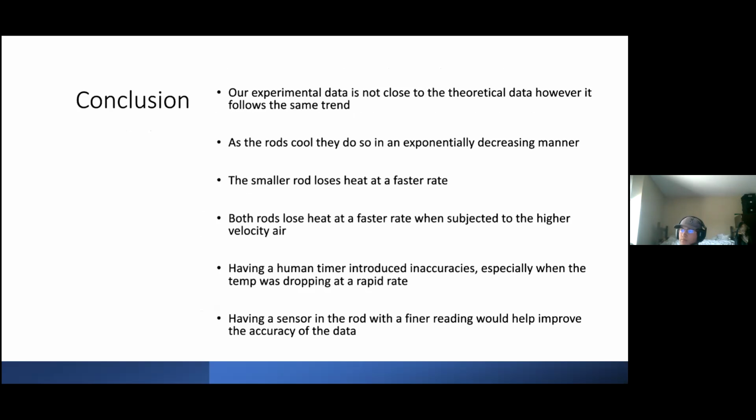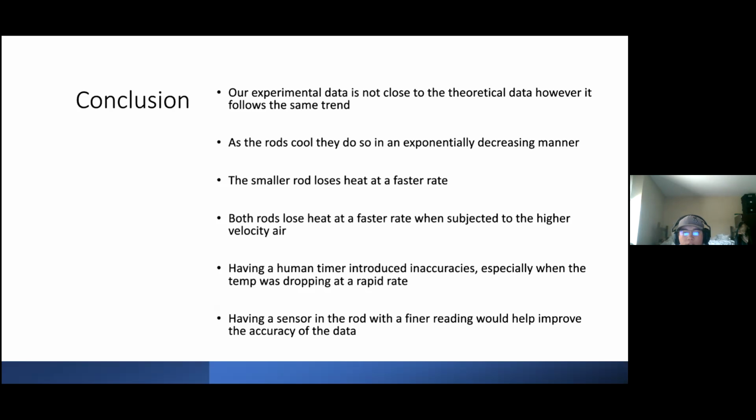Next slide. So in conclusion, our experimental data is not close to our theoretical data. However, they follow the same trend overall. As the rod cooled, they did so in an exponentially decreasing manner for all cases: the small rod high velocity, small rod low velocity, large rod high velocity, and large rod low velocity.